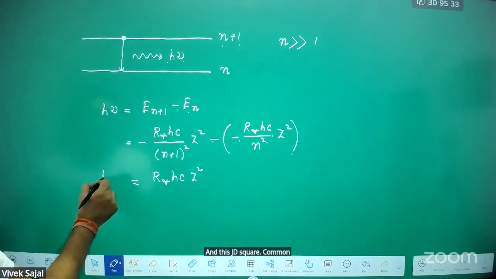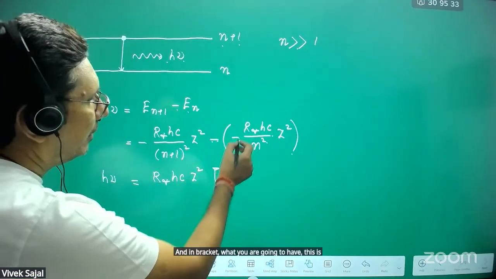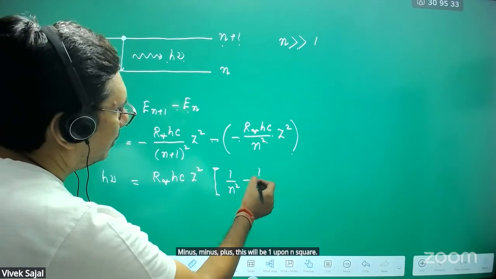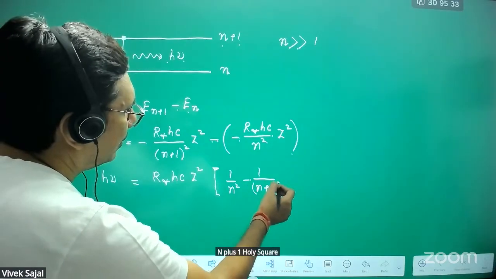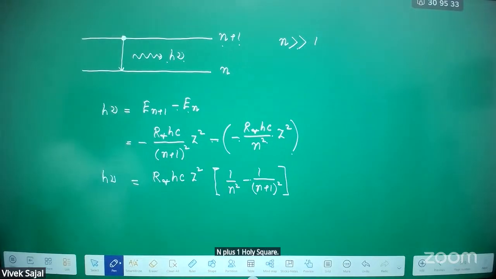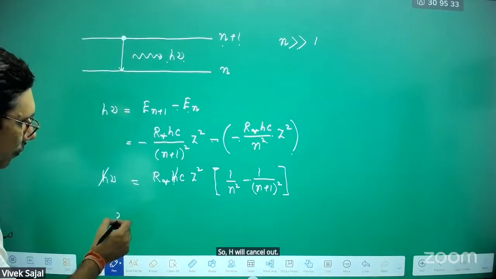And here this is h nu. And in bracket, what you are going to have, this is minus minus plus. This will be 1 upon n square minus 1 upon n plus 1 whole square. So h will cancel out. So what will be nu?